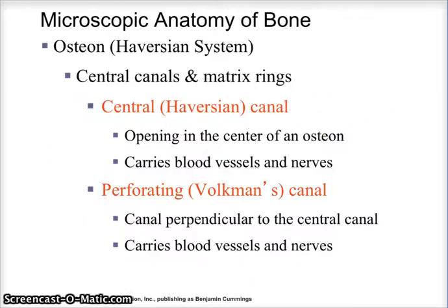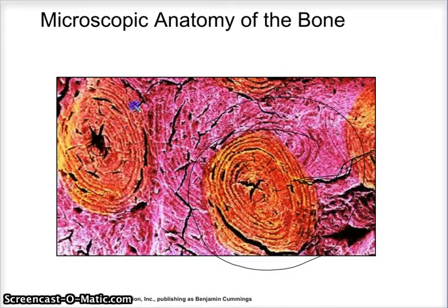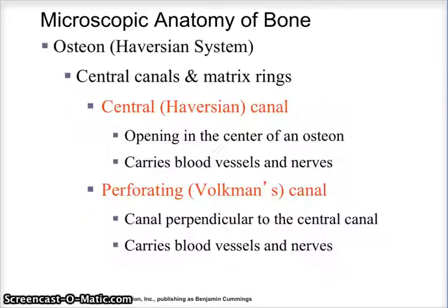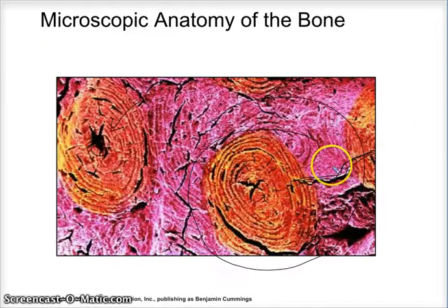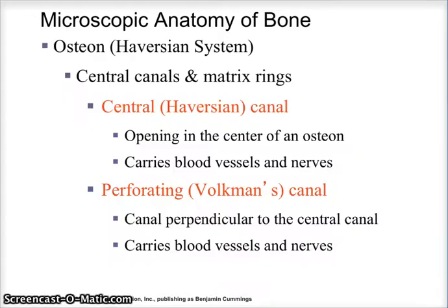Now, it has a central canal, okay, so this is the central canal, and we have perforating canals, and those are these major areas across between the central canals. So you can see those going across, and they have a specific function. Think of these as major streets to allow arteries and veins to get access to the living tissue, because remember, bone is a living tissue.